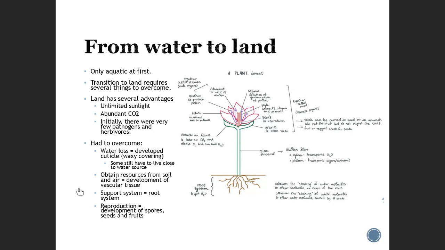You're going to have to obtain resources from the soil and the air and move these resources throughout the plant. So we're going to have the development of vascular tissue also. We have to develop a support system, which is the root system, so we can grow taller, and that might give us some advantages too. And then we had to come up with new ways of reproduction. This led to the development of spores, seeds, and fruits.